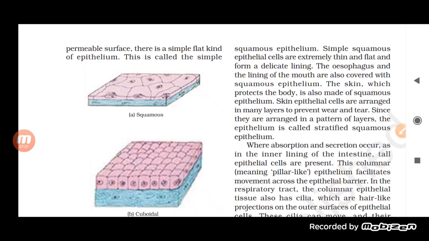While in the case of stratified squamous epithelial tissue, there are many layers arranged in a different pattern, and that constitutes the stratified squamous epithelial tissue. So this is the difference between the stratified and the simple squamous epithelial tissue, students.